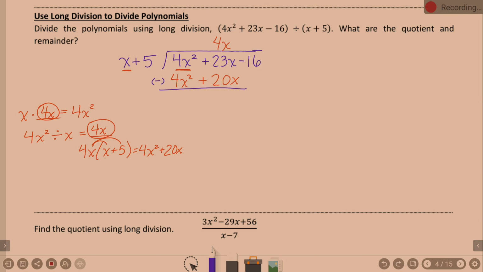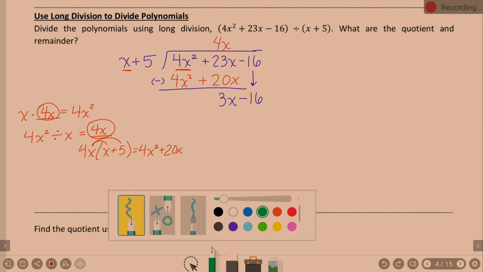If done correctly, that's what you're setting yourself up to do, is cancel out. So those should be canceling to be 0. 23x minus 20x is 3x. Now, what do you think we do next? Now we're going to bring down the minus 16. Repeat the process.